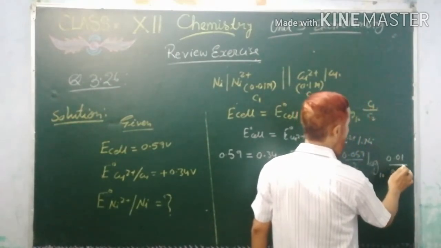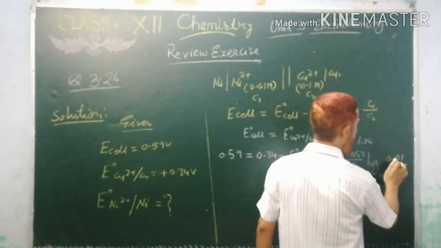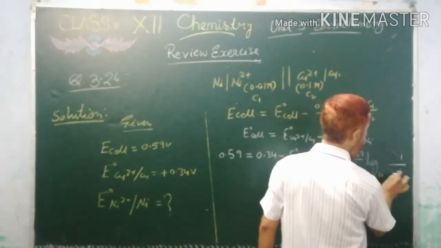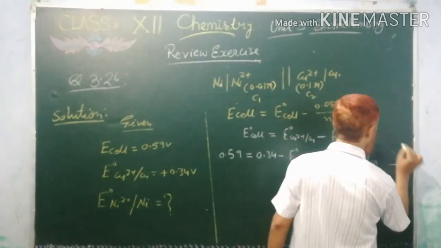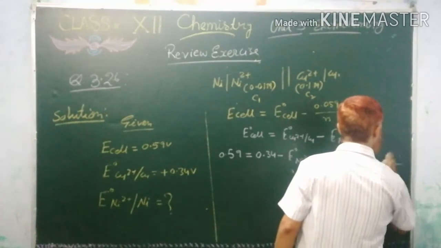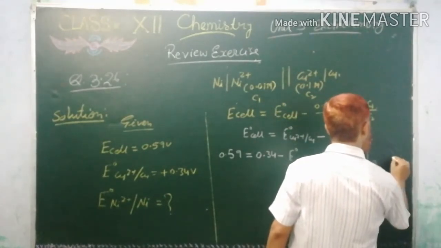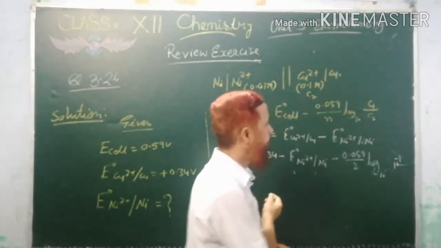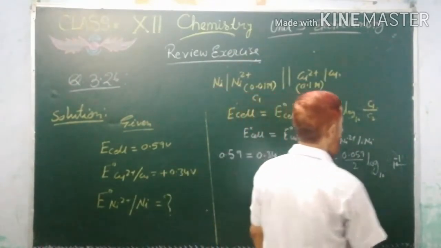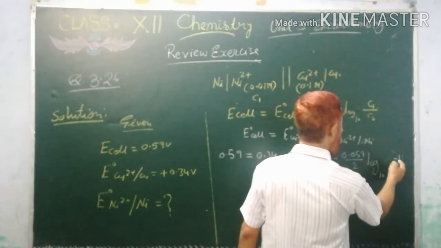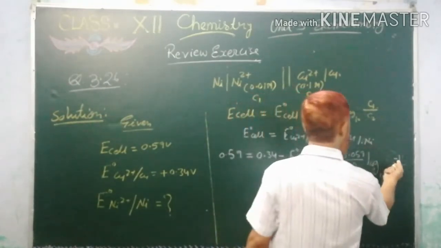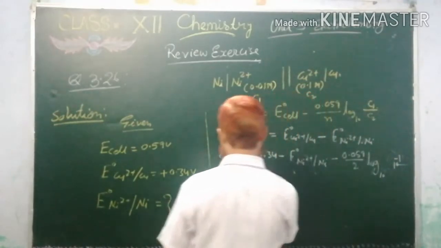So the zero will be removed, it will come as 1 upon 10, and this 10 will go upside, then it will be 10 to the power minus 1. Are you getting this? And this 10 to the power minus 1 will be minus 1 log 10. Log 10 equals 1, so this minus 1 will be multiplied here.